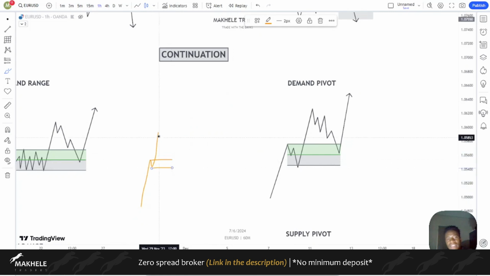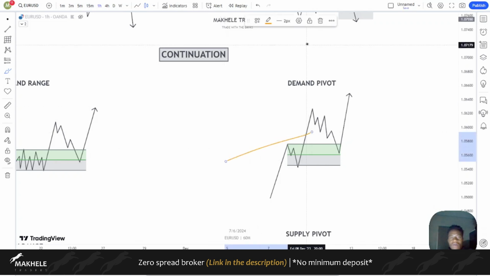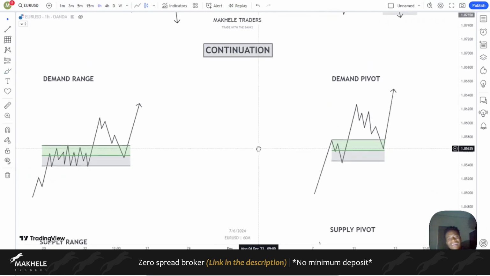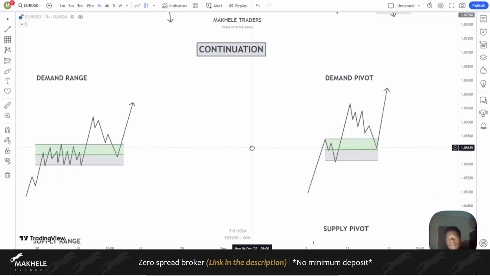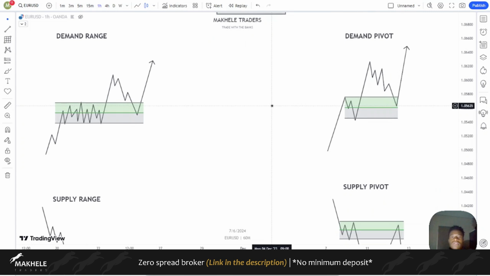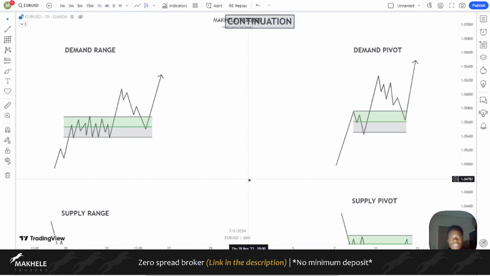It has generated its demand zone for it to continue buying. These types of continuations, you usually see them on what? Gold, USDT, and Nasdaq. On currency pairs, it happens, but I will say 10% of the times, not like every time. So it's mostly effective on gold, USDT, and Nasdaq. So these were demand continuations.